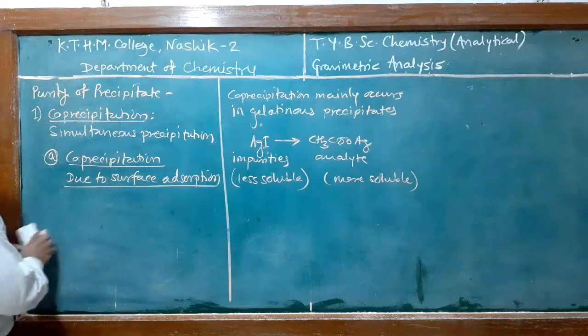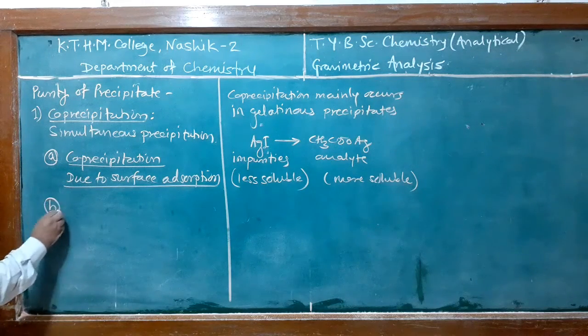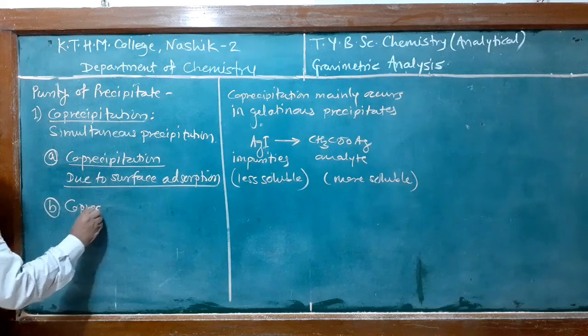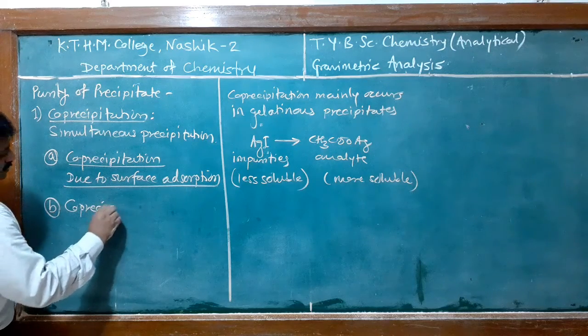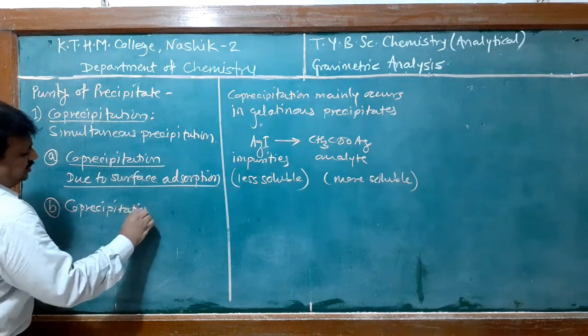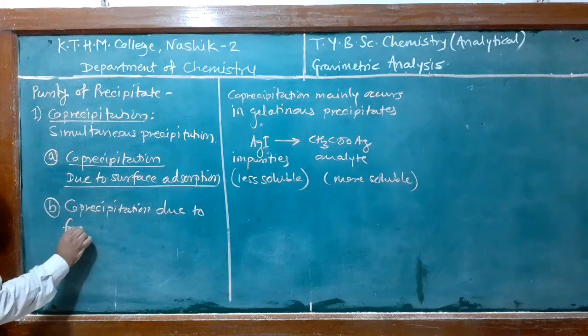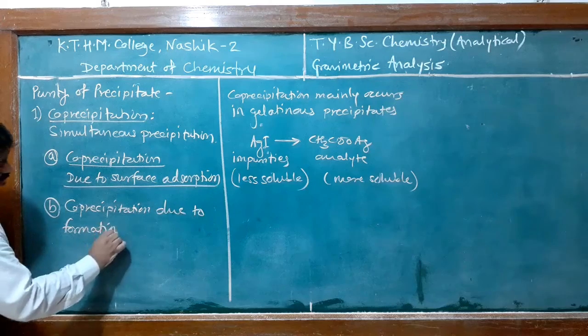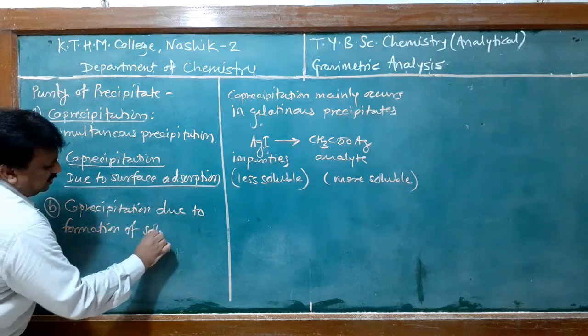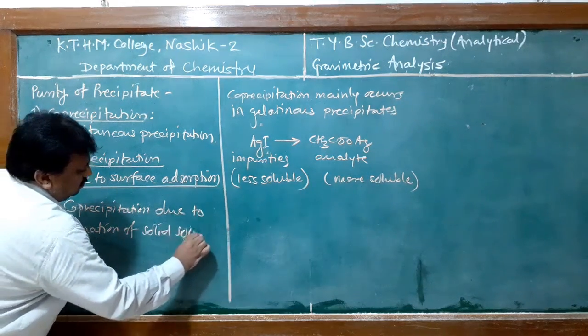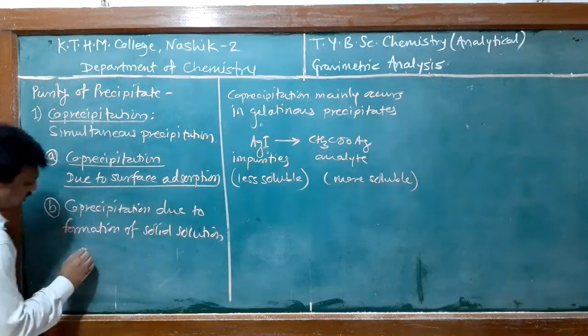Now the second type of co-precipitation is co-precipitation due to formation of solid solution. Formation of solid solution is also called occlusion.